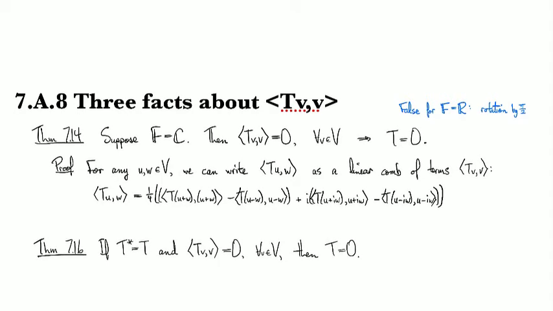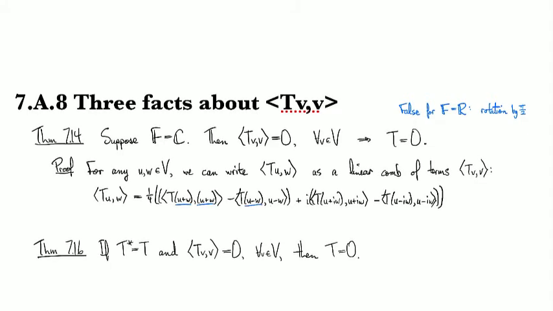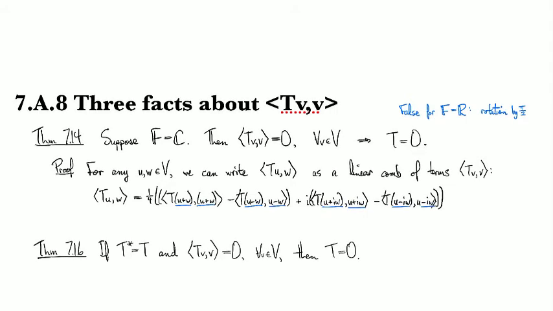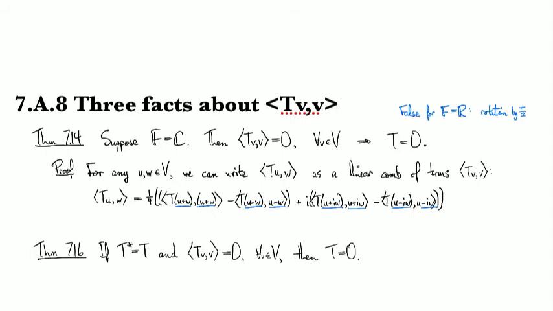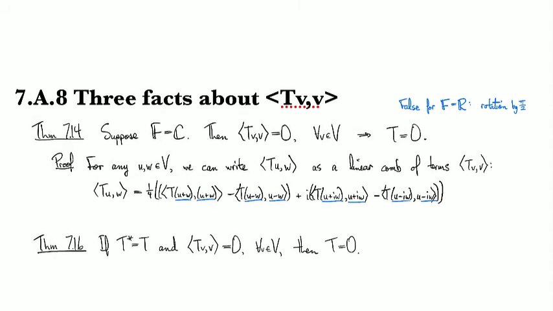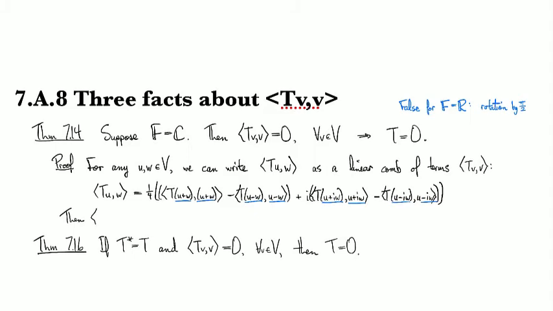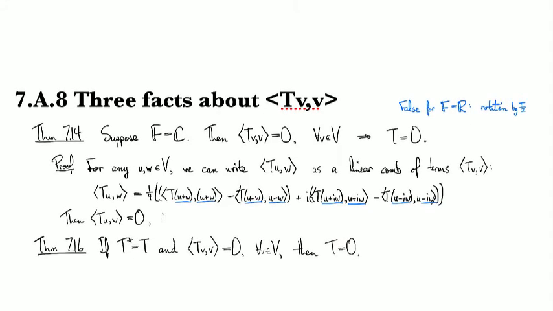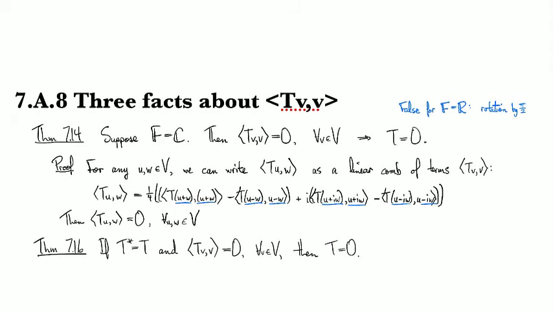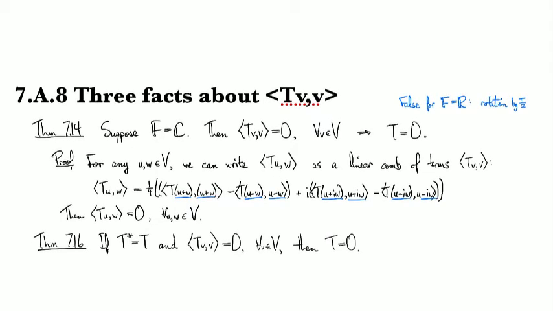So the key point, though, is that here this is like TV comma V, this is TV comma V, this is TV comma V, this is TV comma V. So if TV comma V is equal to 0 everywhere, then everything on the right hand side is equal to 0, so the one on the left is equal to 0 as well. And so then that vanishes everywhere.